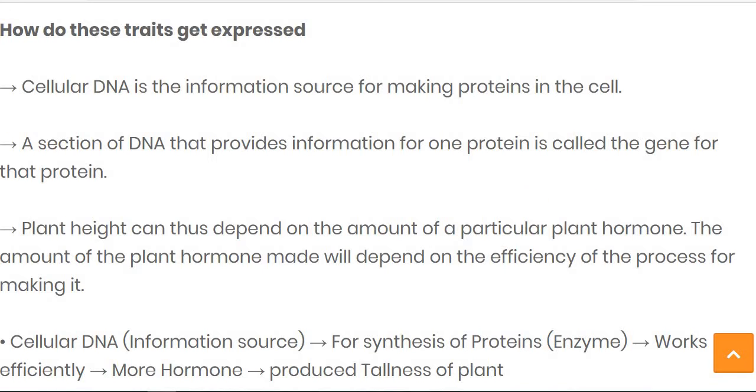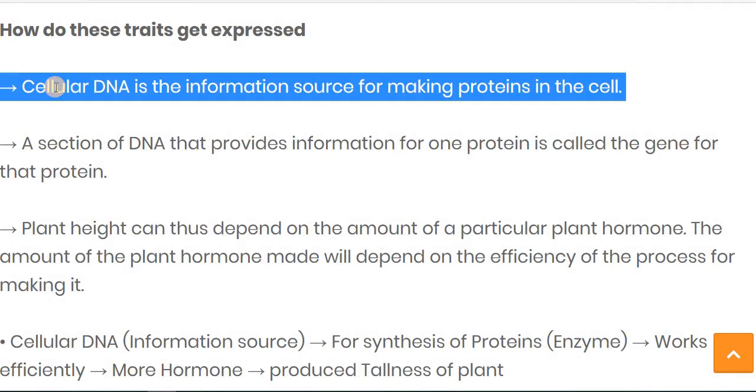So in that, the cellular DNA, as we know, DNA means deoxyribonucleic acid, and it is the informational source for making proteins in the cell, and these proteins are related to the gene, which is responsible for the characteristic.